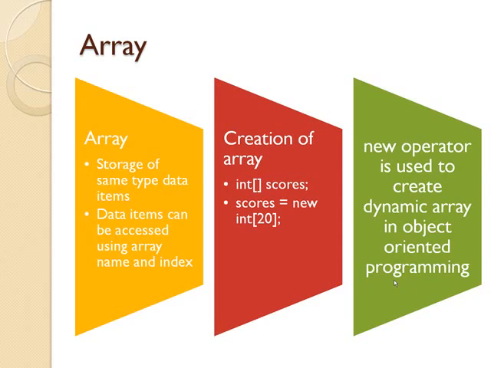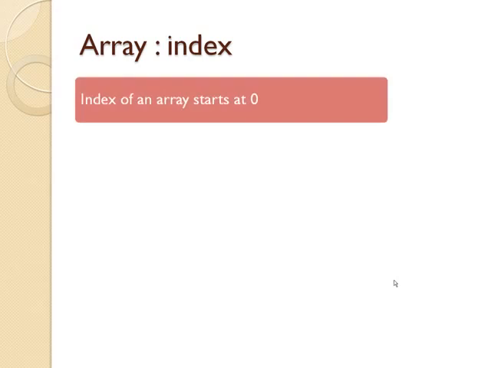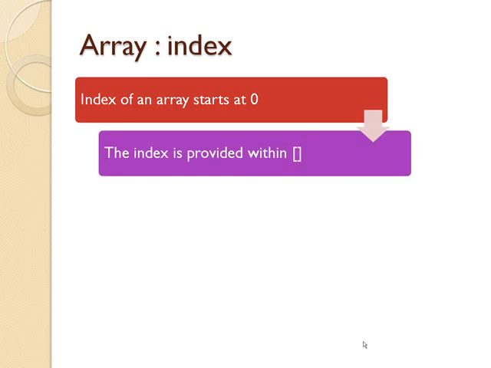For a dynamic array, memory which is in the heap is used to create the array. Now in terms of the array index, the index of an array starts at 0. The index is provided with an open bracket and close bracket.